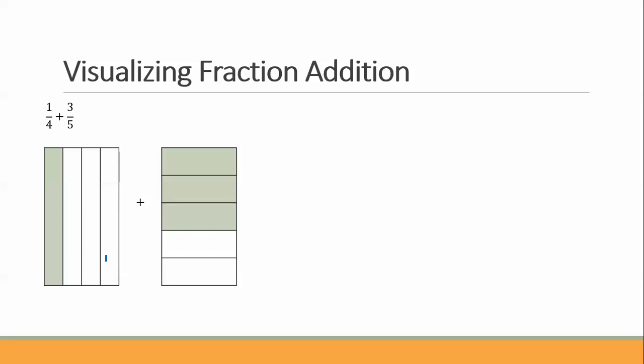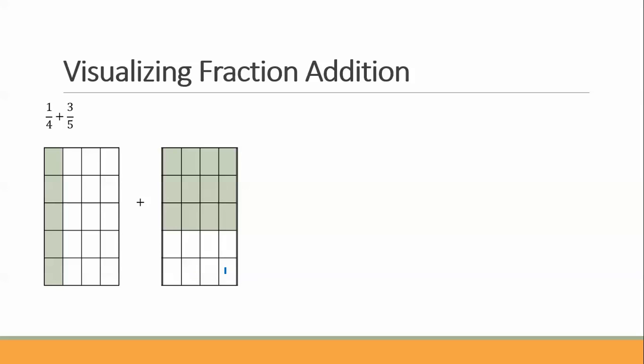Now we need to divide this box and this box separately so that the divisions look the same. If we divide this one into 5 horizontal bars, now it's starting to look very similar to this one. If we divide this one into 4 vertical bars, now all of these little boxes are the same.